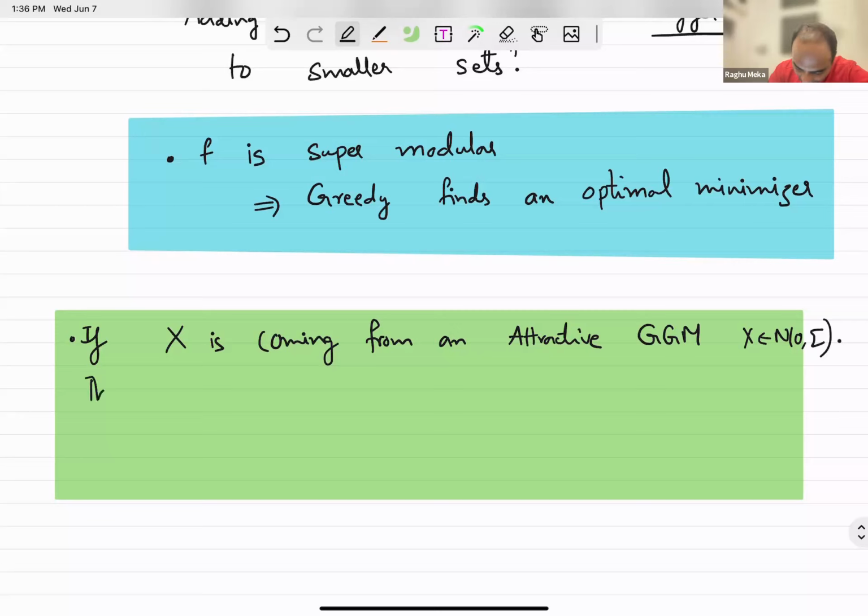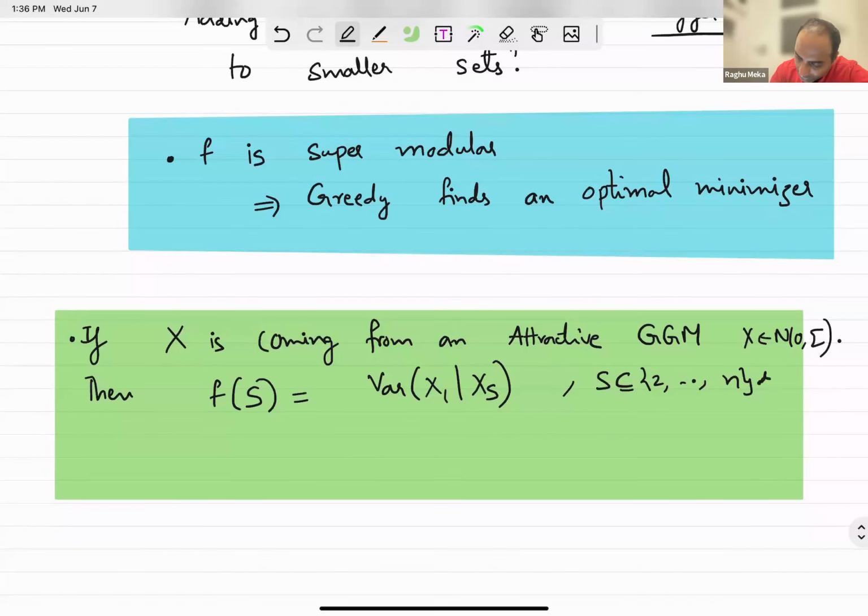Then if I define f of S as the variance of X1 conditioned on X_S for all S subset of 2 through n, f is supermodular.